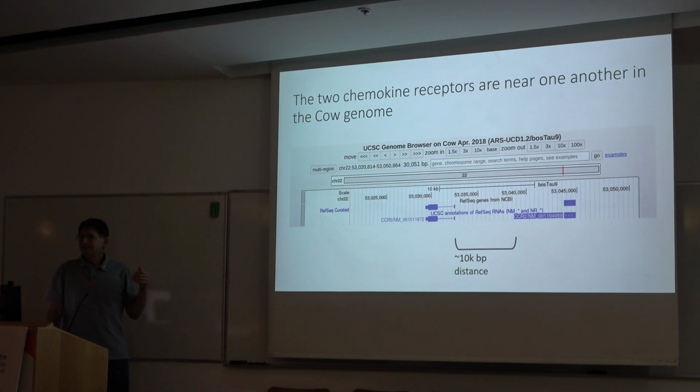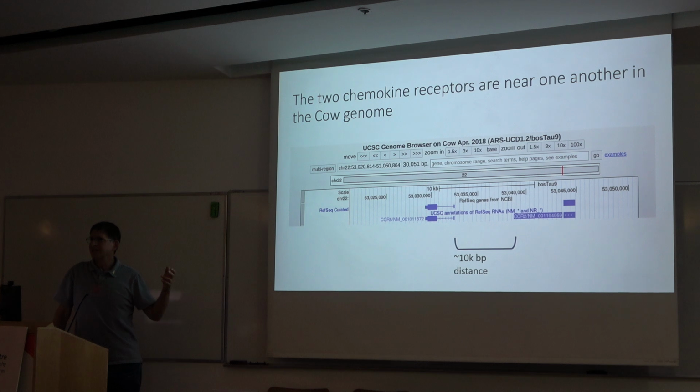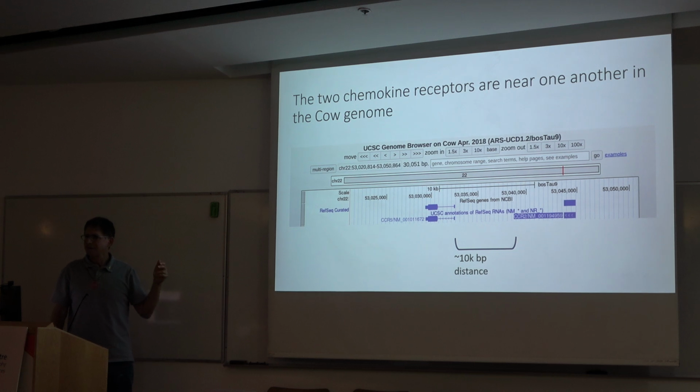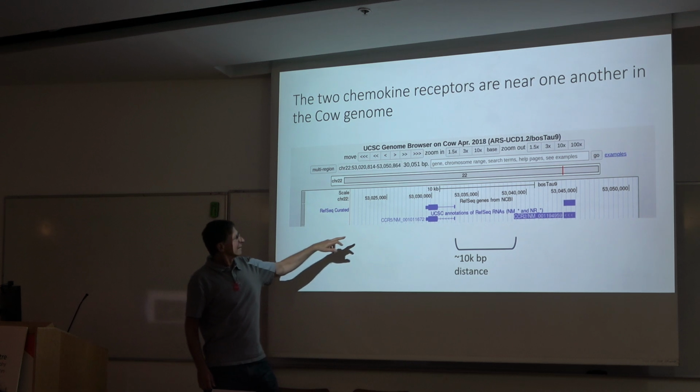So we went into genome browsers and tried to look at it from a different angle, to see something about the expression and the organization of those regions in the genome, if it makes sense.